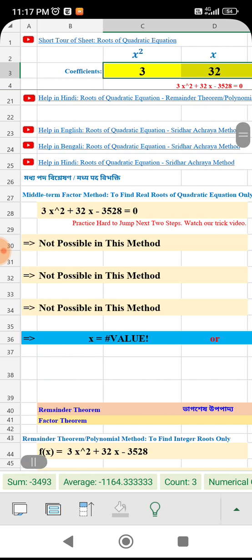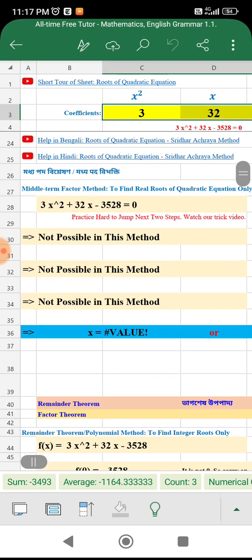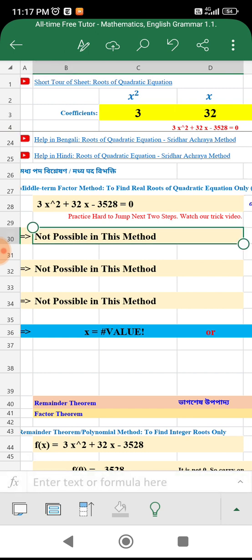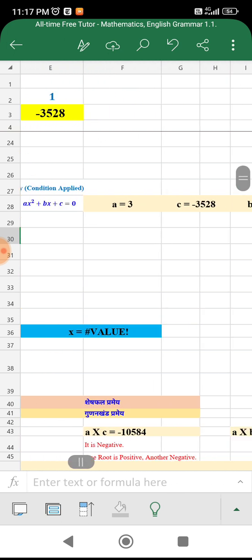Now let's check. It is already saying that this is also not possible in the case of the middle term factor method.